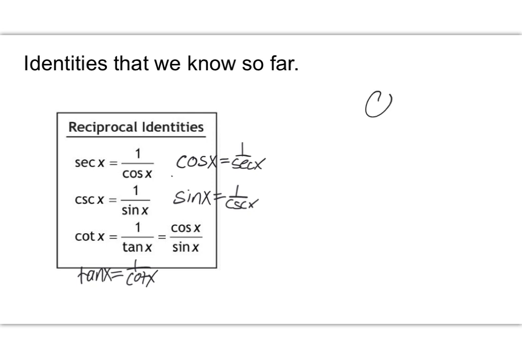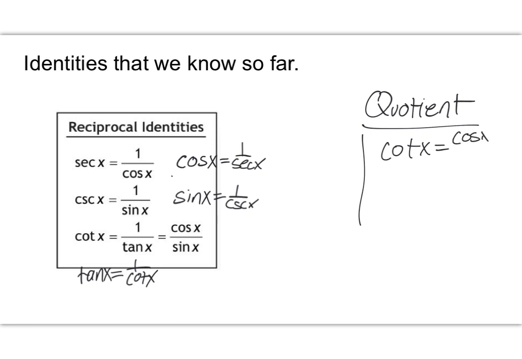We have two quotient identities as well. We have one of them listed here, which is that cotangent of x is going to be cosine of x over sine of x. The other quotient identity is going to be tangent of x, which is going to be sine x over cosine of x.